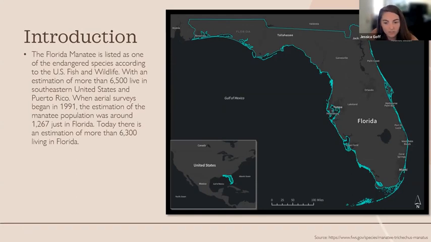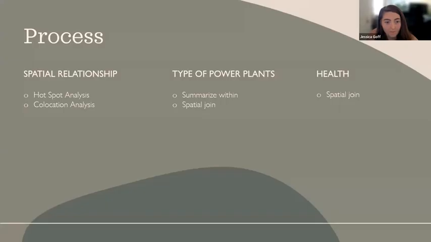So what is the cause of the species population increase? And could it be that industrial power plants have a part to play in it? My process is to understand the relationship between manatees and power plants.